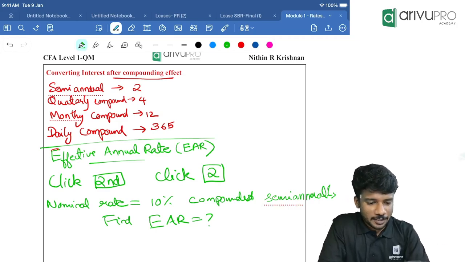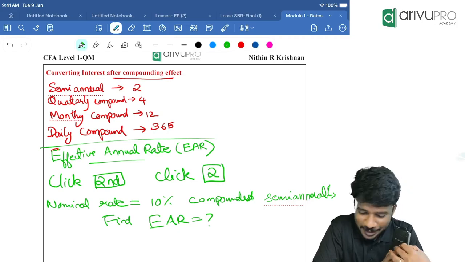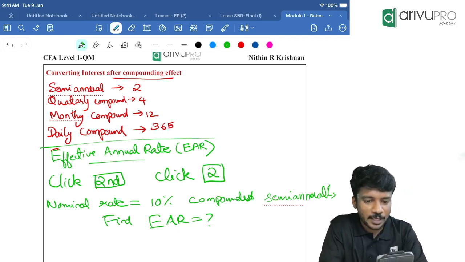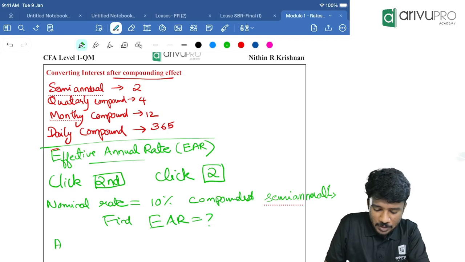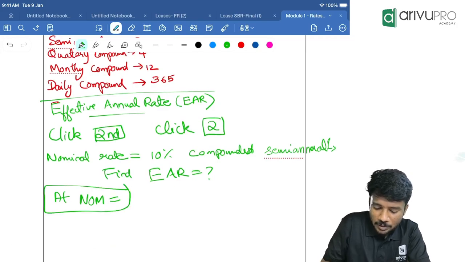Now take your calculator. There you see NOM on your calculator, right? How much is the nominal rate given in the question? 10%. Type 10 on your calculator at the NOM equal to screen.